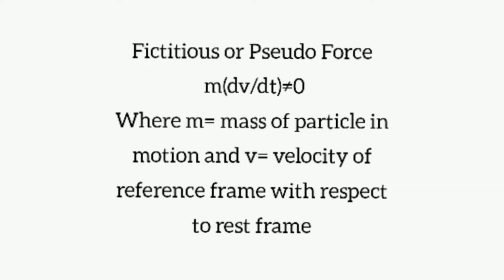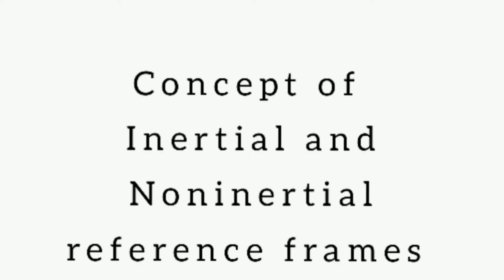You can easily understand that the frame itself is accelerated, so Newton's laws are not applicable or become complicated here. That is the main concept about inertial and non-inertial frames.